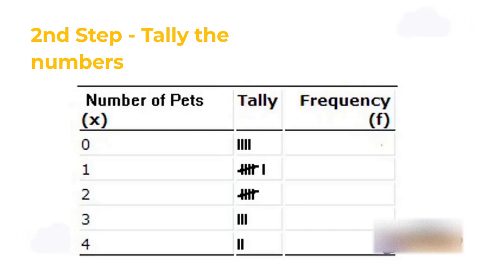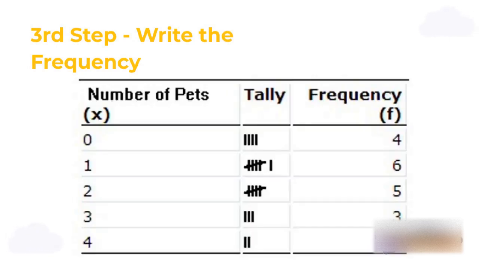For example, the number 0 appears 4 times in the list, so we put 4 tally marks in the column. And finally, we count up the tally marks and write the frequency in the final column. The frequency is just the total, so we have 4 tally marks for 0, so put 4 in the last column.